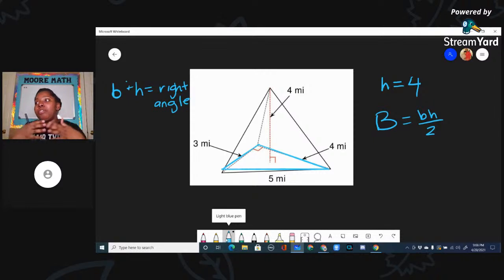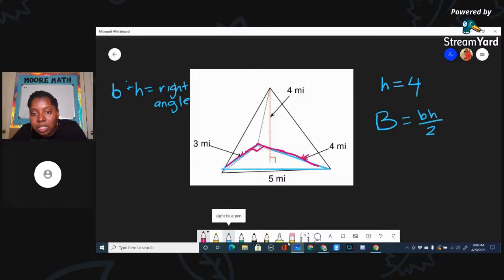Which side doesn't even form a right angle with any of them? 3. Okay, let's see where 3 is. So 3 is right here on this side, and I do see a right angle right here. So it is forming a right angle with something. So 4. Okay, 4 goes here, which also, there's a right angle here. Okay, so I want you to be able to see that these 2 lines form a right angle.